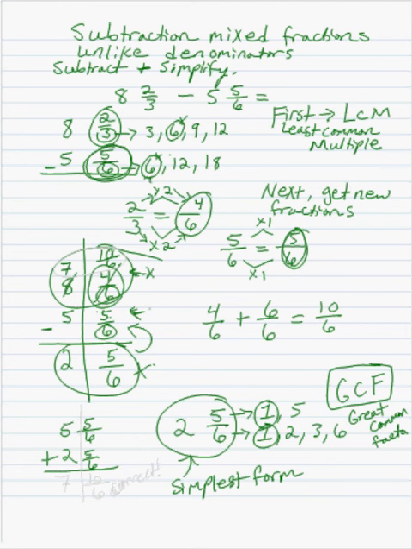So 5 sixths plus 5 sixths is 10 over 6, and then 5 plus 2 is 7, which is what we had up here. We had 7 and 10 over 6. So that means our answer is correct.